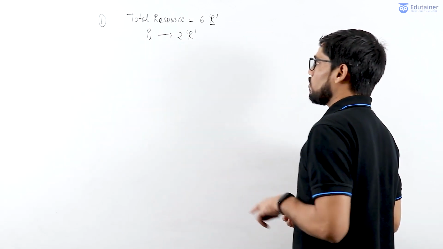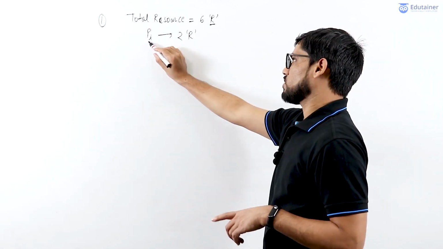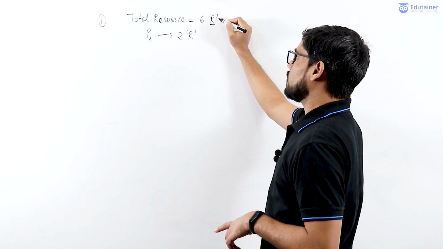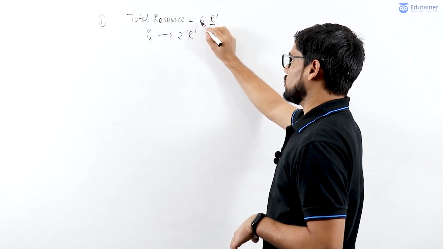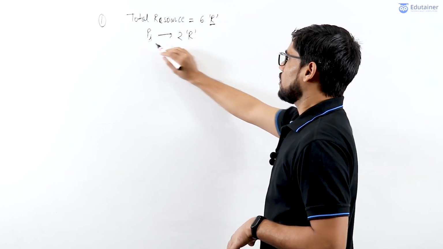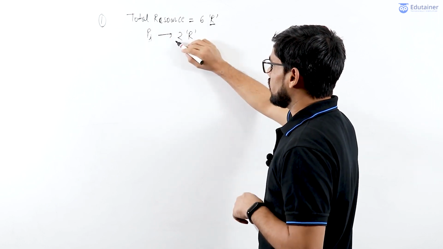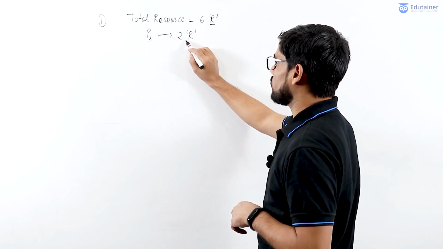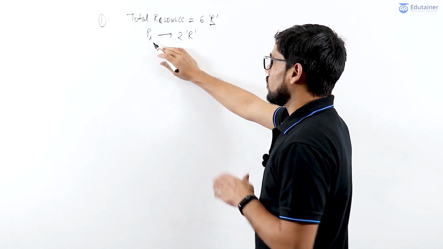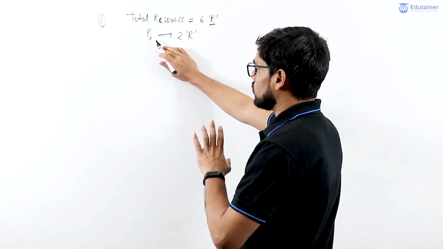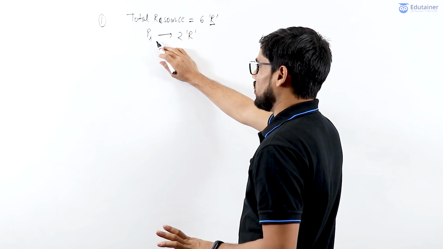In the previous problem the number of processes was given, but we needed to find the total instances of the resource. In that case the total resources were given, but here each process requires 2 instances of the resource, and the number of processes is not given in this question.